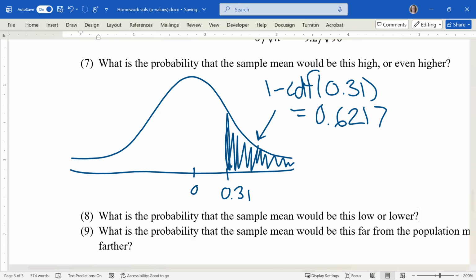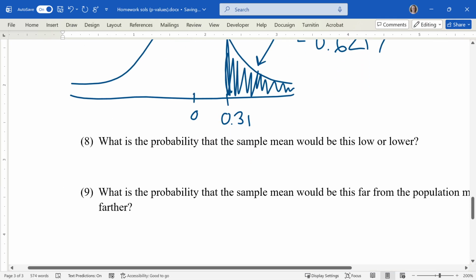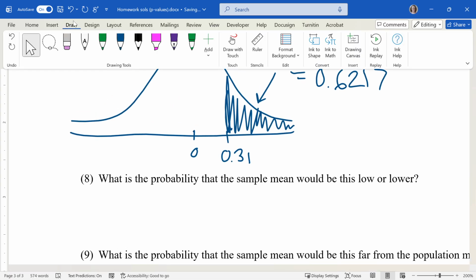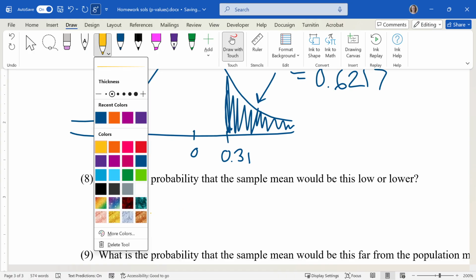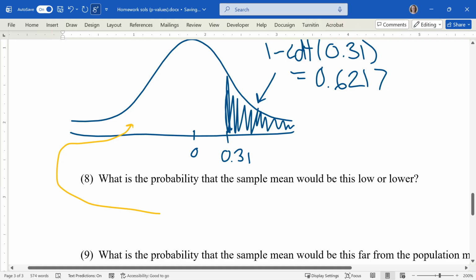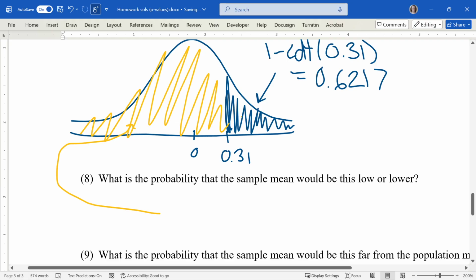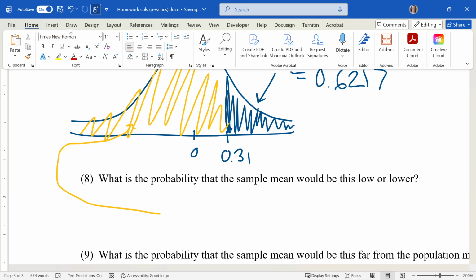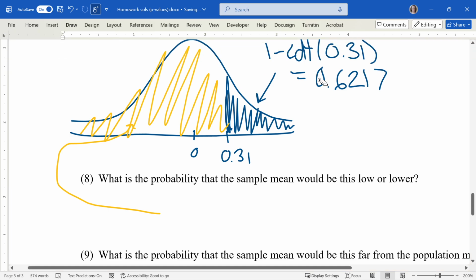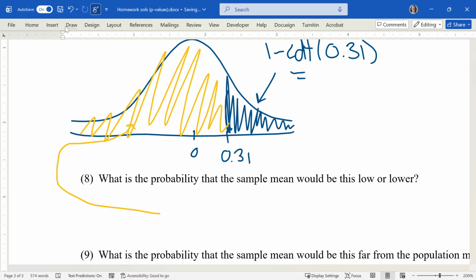And then for the second one, as low or even lower, I'll be a little bit lazy and draw on my original picture again. So that is going to be this white area here, or now it's yellow, I guess. Okay, so how do I get that area? Actually, I'm sorry, I forgot to do the 1 minus part in the last question, so that was the wrong answer. 0.6217 was what I should have subtracted from 1.